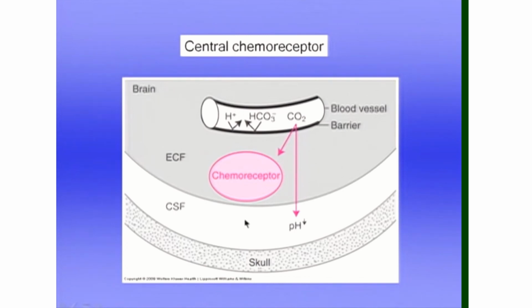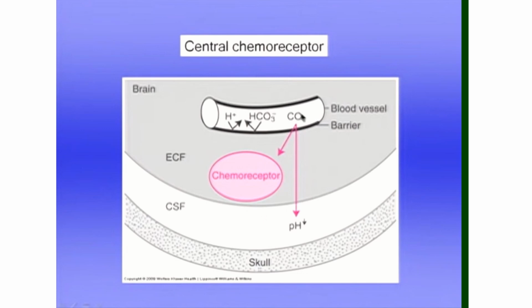We can put a needle into the space and take some of it out if we wish. And it's the pH of the CSF which apparently has a large effect on the response of the chemoreceptor. The chemoreceptor also depends to some extent on the blood flow through the brain, perhaps, and local metabolism, but it's mainly the pH of the CSF that's important.